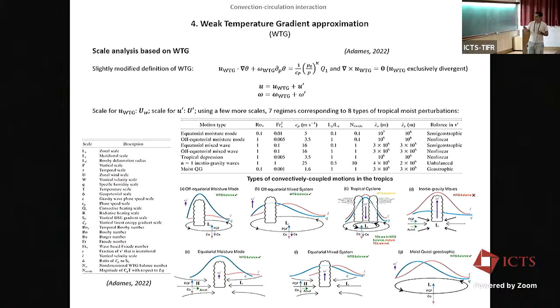And if you add just a few more scalings here, you can find 7 different regimes that describe observed tropical convectively coupled motions, for certain regimes of our scalings of the U, W, U prime, and our scalings of essentially all other processes.